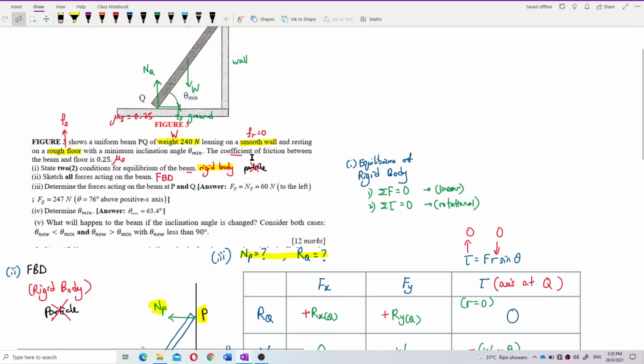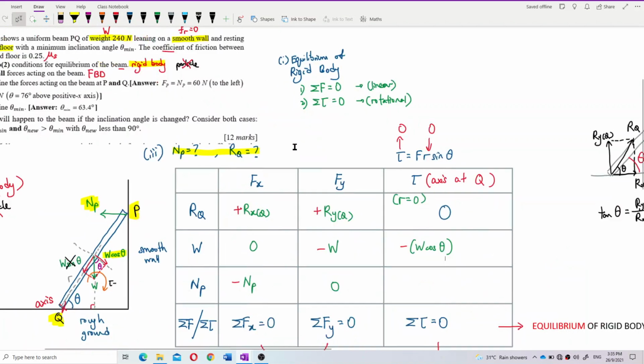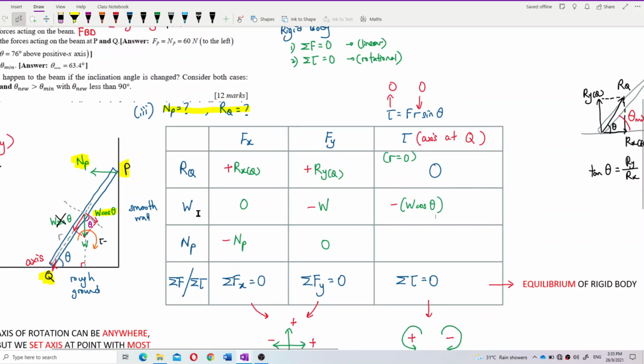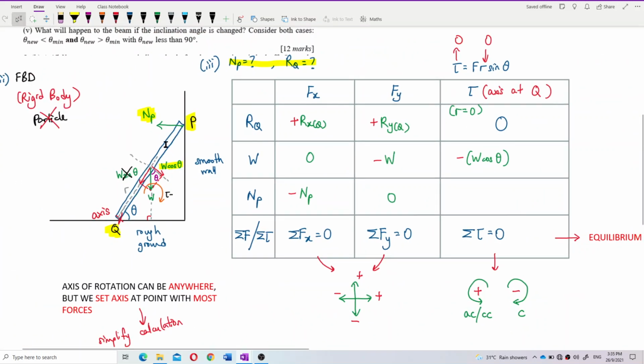So what can you do? Never mind, we just put length divided by 2. The r here is just, because this is the center of mass, the total length divided by 2. So we just take L divided by 2.